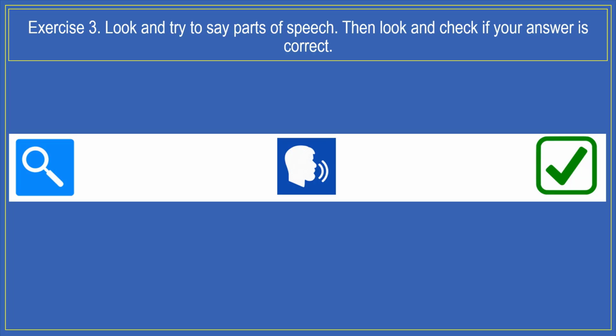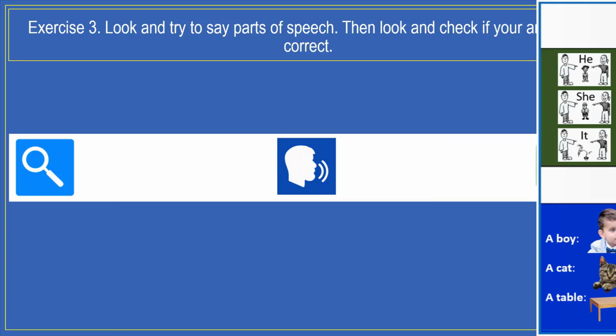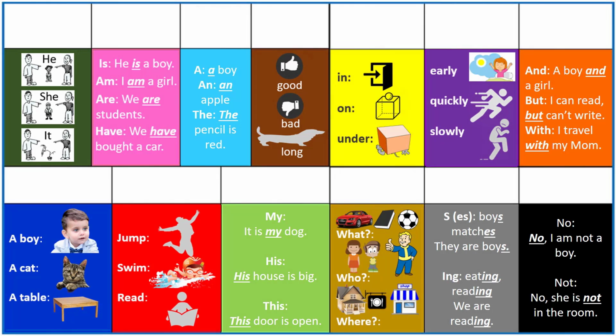Exercise 3. Look and try to say parts of speech. Then look and check if your answer is correct. Personal pronouns.